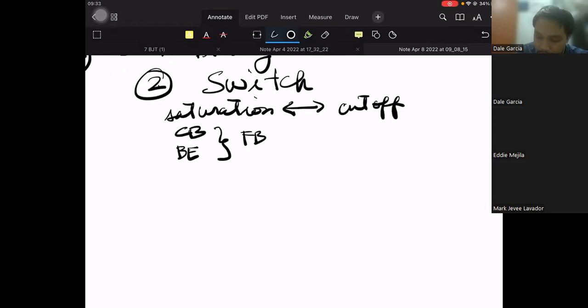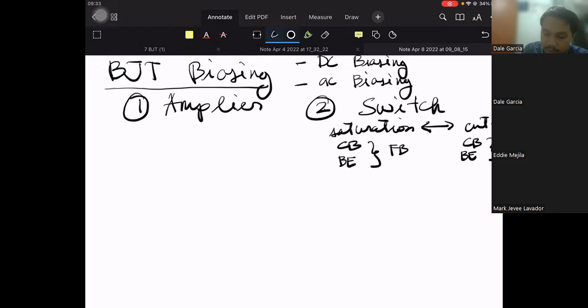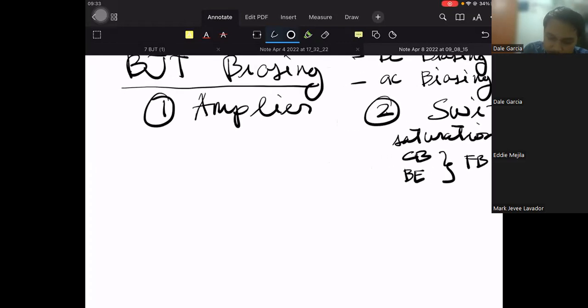In cutoff, both of these regions are reverse biased. For an amplifier, the collector-base region is reverse biased, whereas the base-emitter is forward biased.